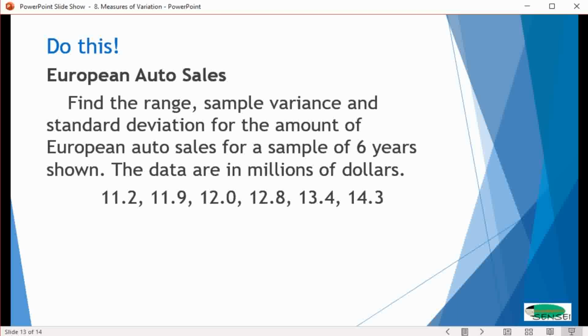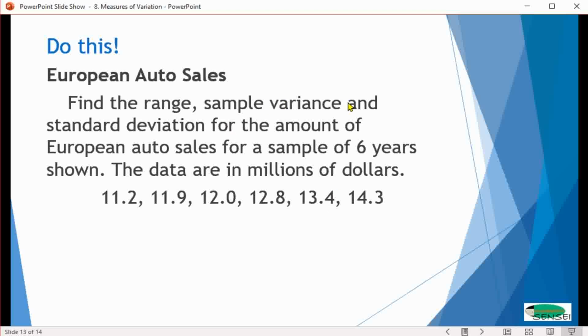Range can be used anytime, but if you are going to use range, sample variance, and standard deviation, tapos yung given natin is may outlier, you'd rather choose range than sample variance and standard deviation, because the reason behind is that sample variance and standard deviation is using mean, and mean is affected by outliers.